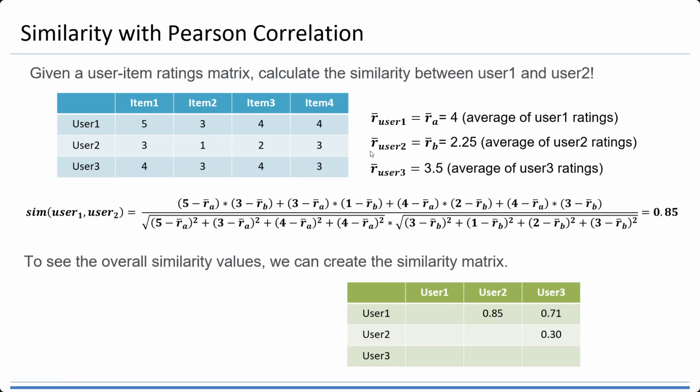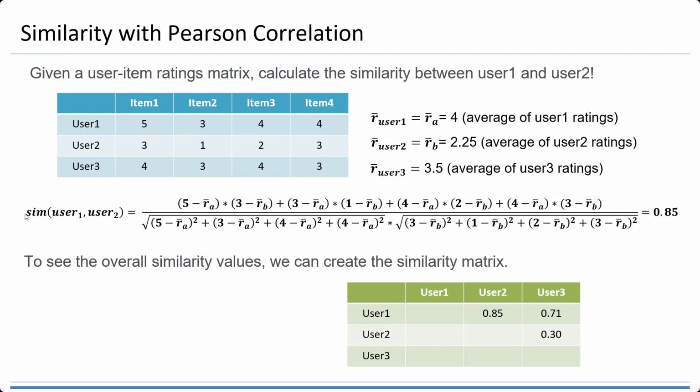What is the average of ratings from user 2, or we call it R P? 3 plus 1 plus 2 plus 3 divided by 4. Then the rating average is 2.25. The average of user 3's rating is 3.5. So you can use it for later.